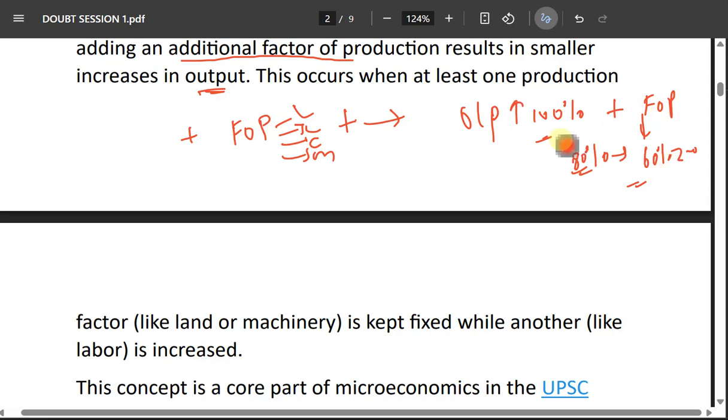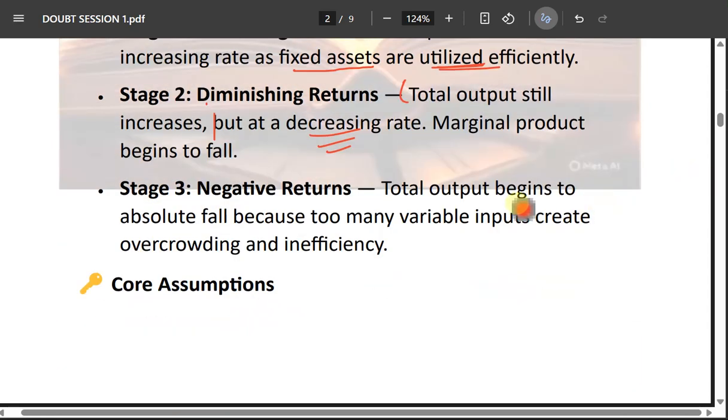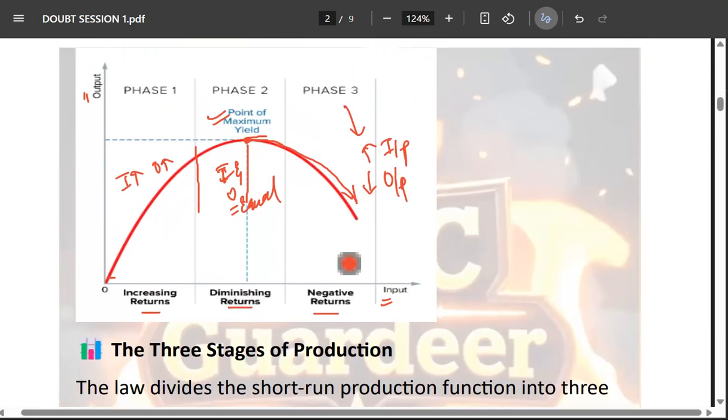It is in plus only, but the rate is decreasing. Then it comes to negative: the total output begins to absolutely fall because too many variable inputs create overcrowding and lead to inefficiency. Just understand the things, don't try to memorize it. Just remember this graph. You will be able to answer the questions in prelims.